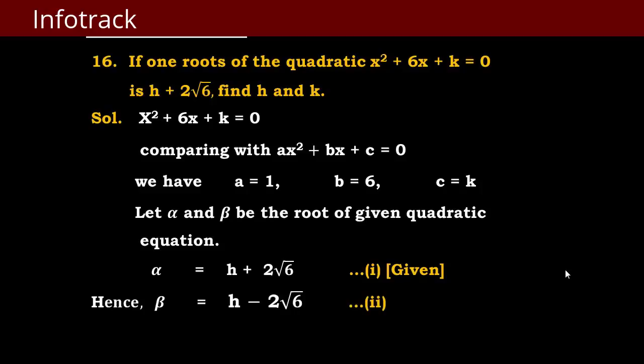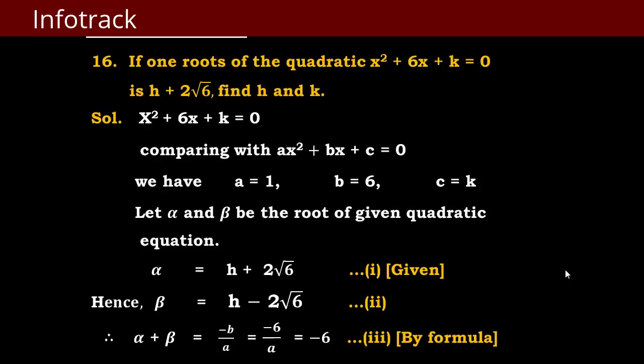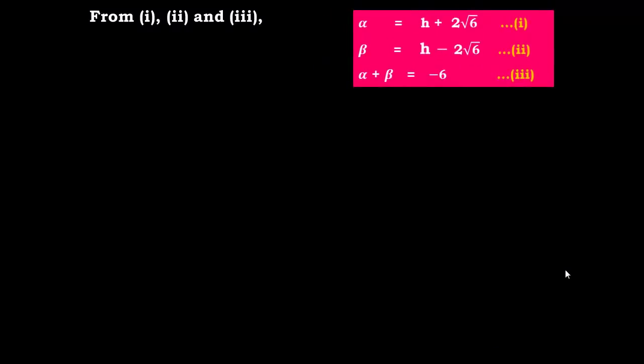Now student, we can write alpha plus beta, that is minus b upon a, which is equal to minus 6 upon a, is equal to minus 6. This is by formula. From 1, 2 and 3, see, in equation 1 we have alpha, in equation 2 we have beta, and in equation 3 we have alpha plus beta.